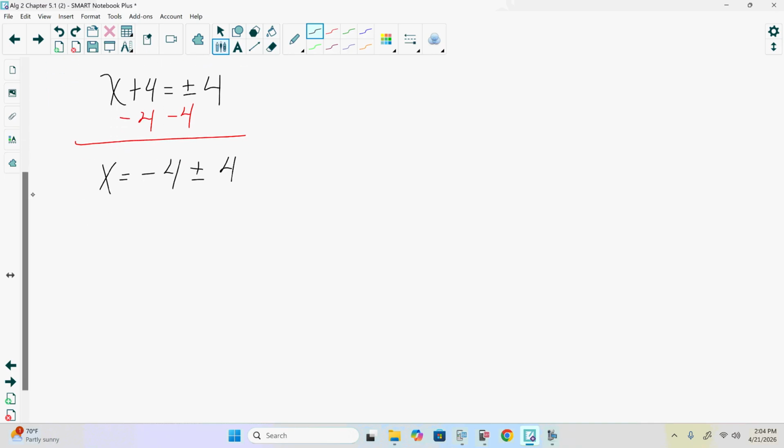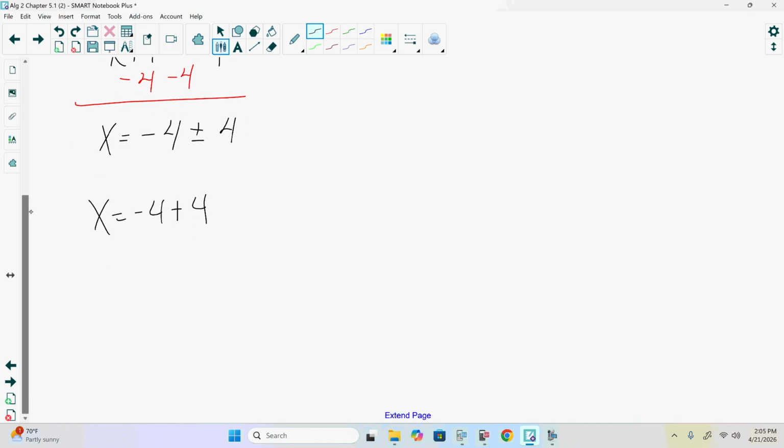Questions on how we got x is equal to negative 4 plus or minus 4? Can I add negative 4 and 4 together? Because what is negative 4 plus 4? Can I subtract negative 4 and 4?